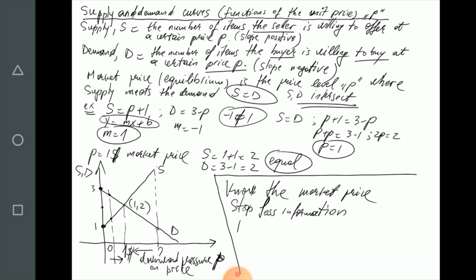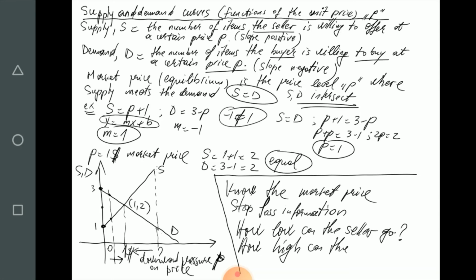In other words, how low can the seller go? How low is the price at which the seller is willing to sell something? Because below a certain price, maybe it's not even worth producing anything. And how high can the buyer go? There's a certain level of price after which no items are sold.